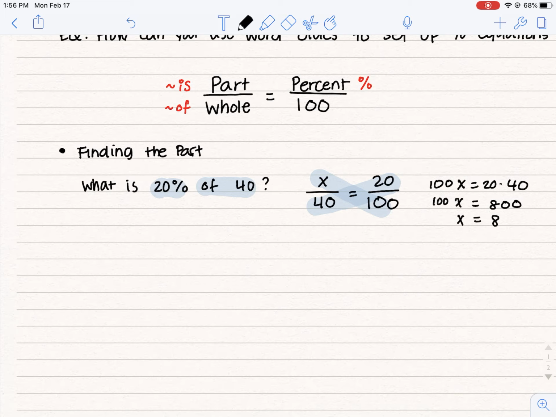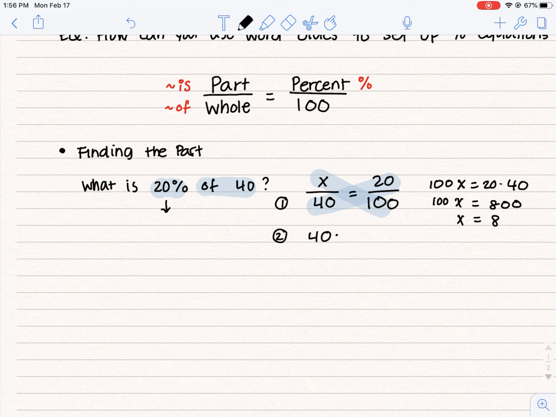Now, if you don't want to use this method, which requires more time, you can also work with a decimal. So this is the first way. The second way is just using a decimal. If you know what the whole is, all you have to do is multiply by the percent. When you're multiplying by a percent, you have to change it into a decimal.